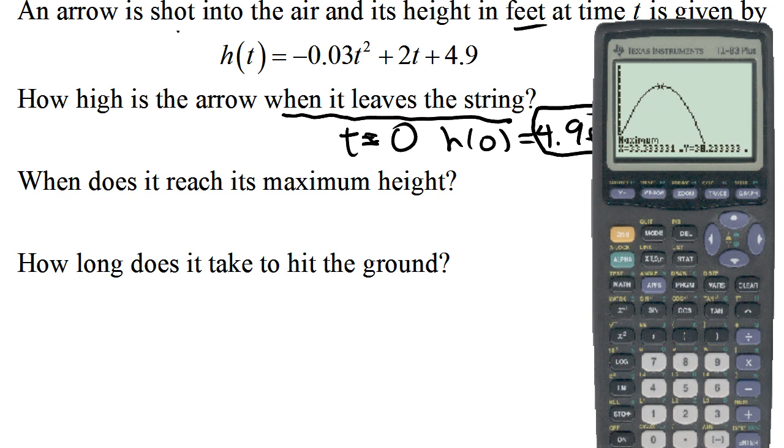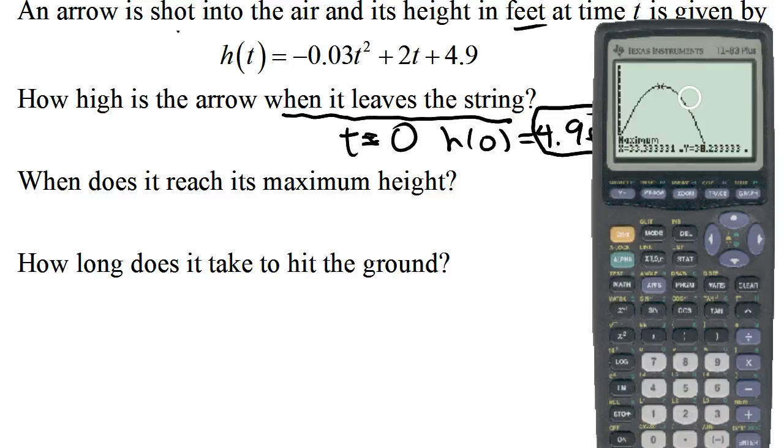They'll give us both the time and the height, so we can answer the question. The time looks like 33 1/3, and the height is 38.23. So if they want the answers rounded to 3 decimal places, let's go ahead and use this.